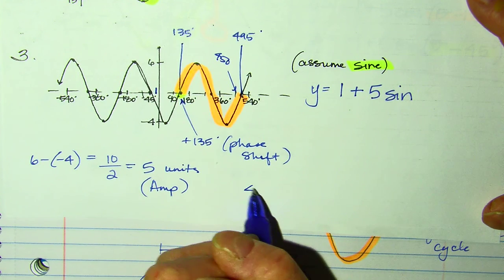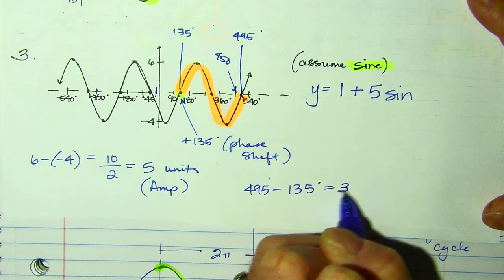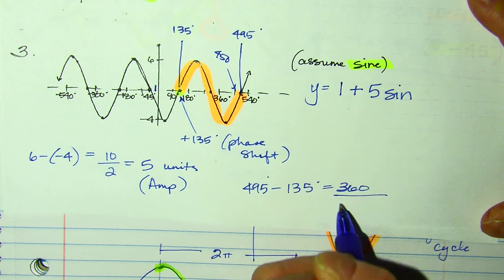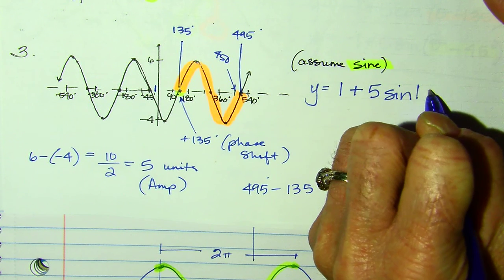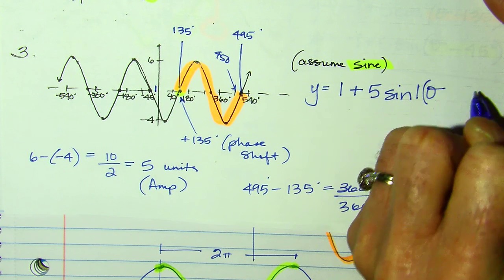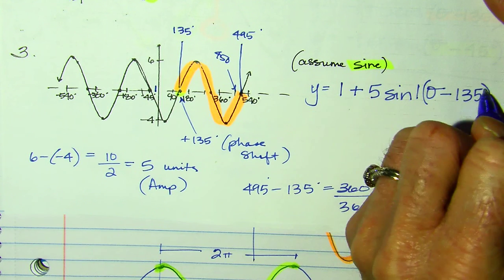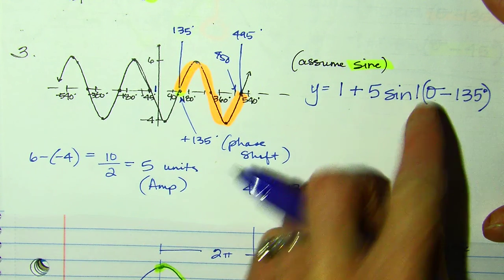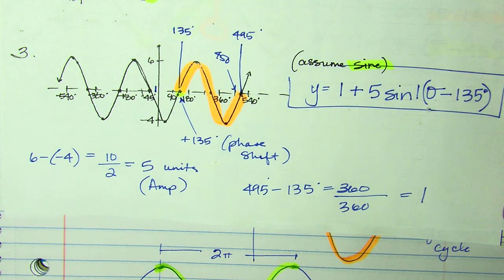So a full cycle happened in 360. 360 divided by 360 is 1. So I have a period of 1 theta, and I had a shift of positive 135 degrees. You do not need the 1 here, but that is our equation.